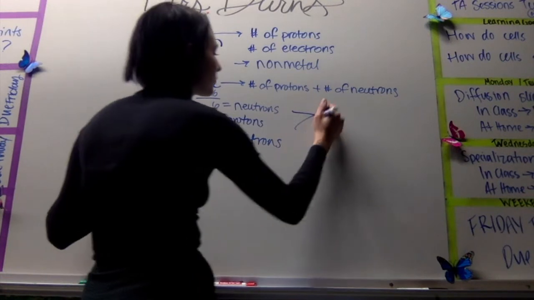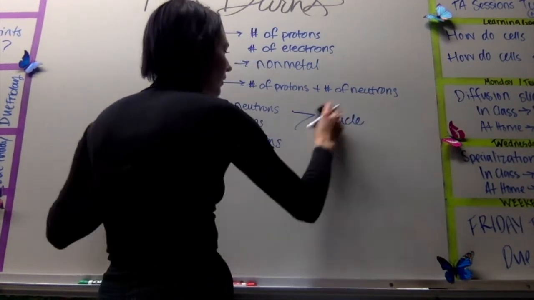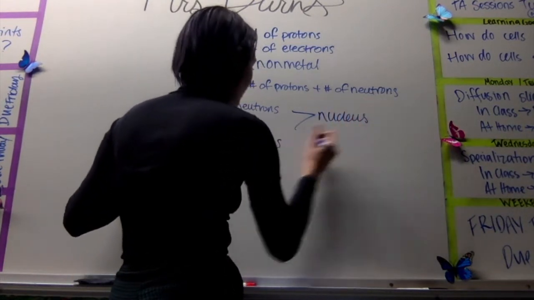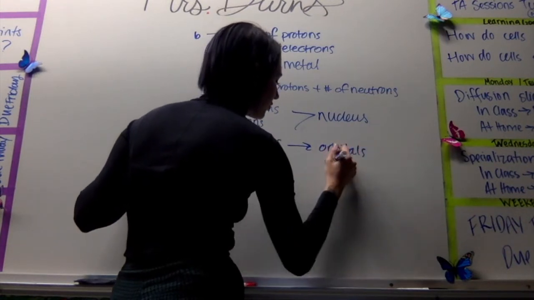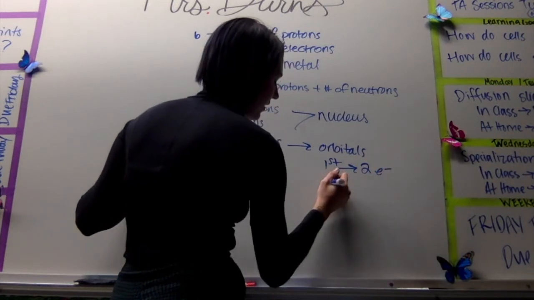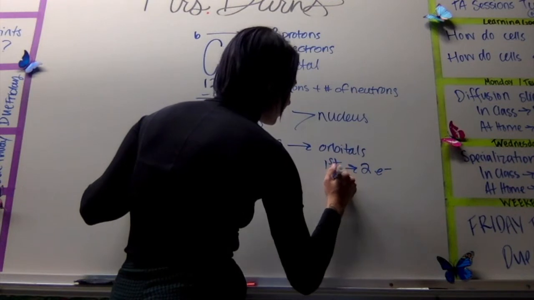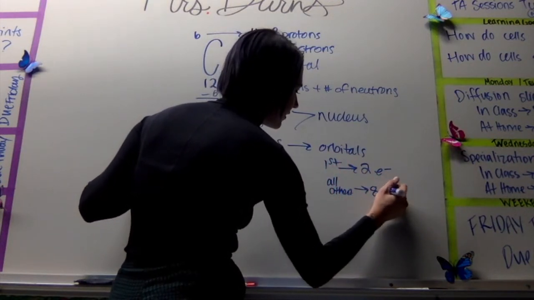Both the neutrons and protons go in the nucleus. Your electrons go in the orbitals. Remember, the first orbital can hold 2 electrons, and then all others can hold 8 electrons.